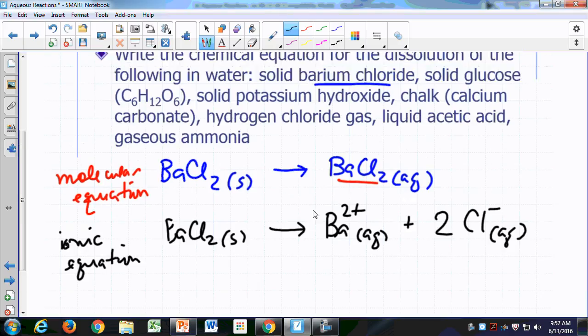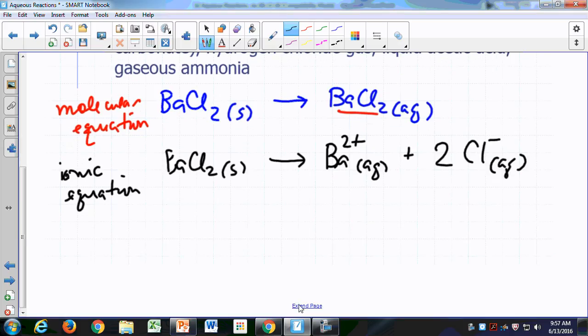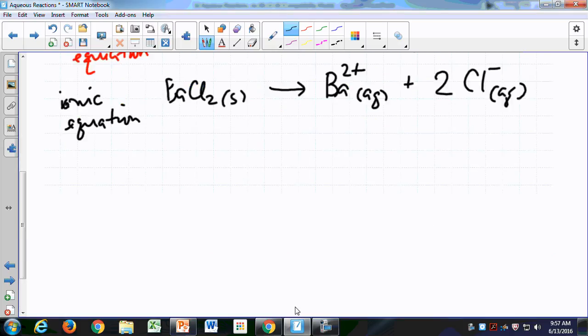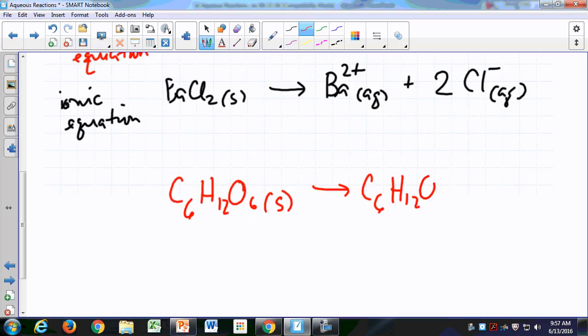Okay, let's do the same thing for glucose. Glucose is C6H12O6. That's a solid. If you dissolve it in water, then the product would be C6H12O6 with an AQ label. So this is your molecular equation for the dissolution of glucose.